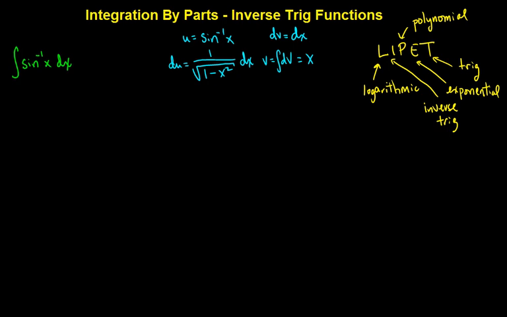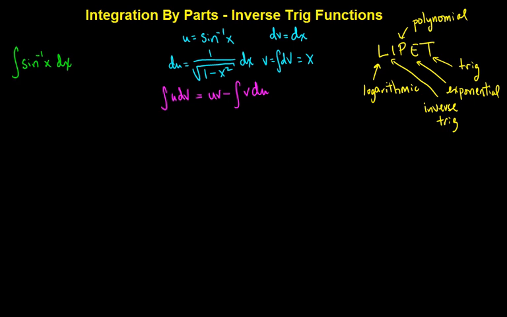We recall our formula. The integral of u dv is equal to uv minus the integral of v du. So integral u dv would just be integral sine inverse of x dx, which is what we're trying to find, and that's going to be uv, which is x sine inverse of x, minus the integral of v du, which is the integral of x over square root of 1 minus x squared dx.